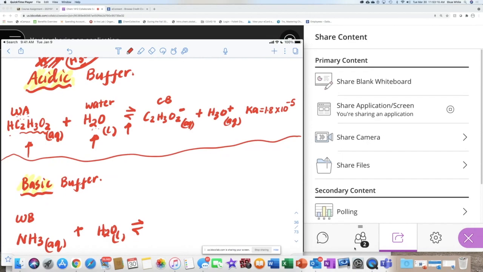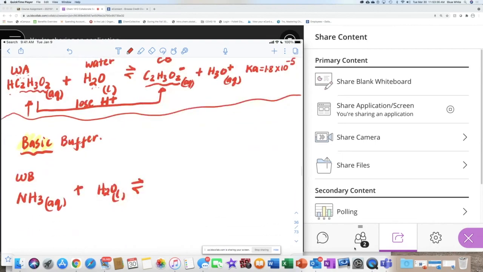Remember Bronsted-Lowry. In Bronsted-Lowry, the weak acid has to give up its H plus to become the conjugate base. Essentially this has to lose H plus to become this ion.